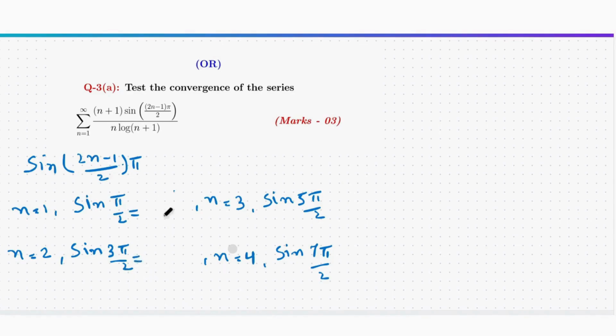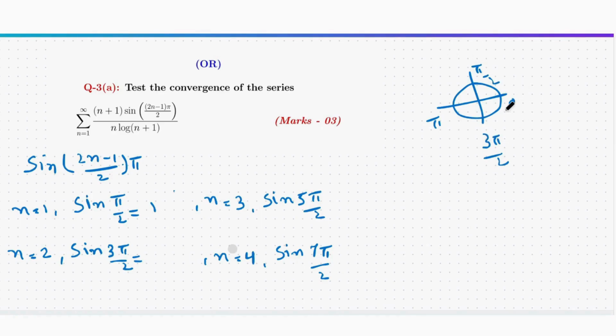Now let's check the values of all these sine functions. Sine pi by 2 is 1. Now observe the unit circle. On this circle, this is 0, this is pi by 2, here pi, and 3 pi by 2. Again after this is 2 pi, here 5 pi by 2, 3 pi, 7 pi by 2, again 4 pi, and so on.